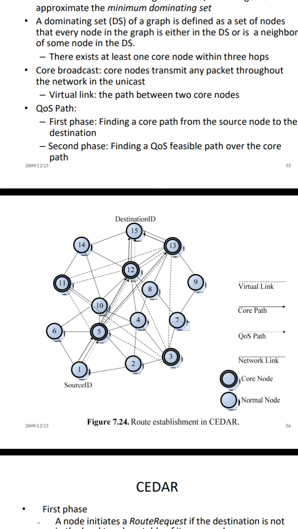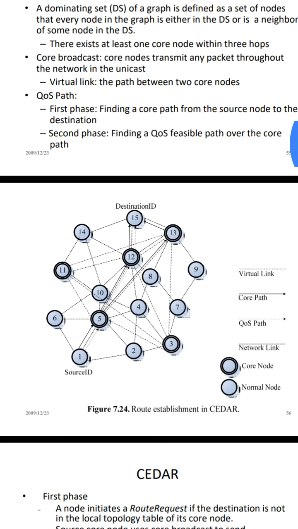These core nodes are virtually connected to all core nodes within the network, and one core node dominates a set of normal nodes. Another point is that there exists at least one core node within 3 hops. These are the core node details.